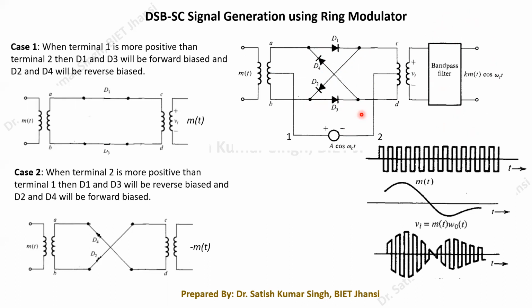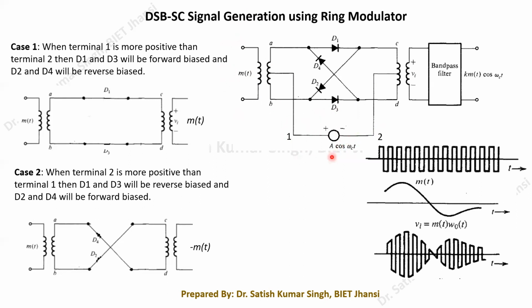Now, as we said, in the case of modulation we need to have the message signal and then a carrier signal, and those two should be multiplied in a certain form to get the modulated output. Here we can see that the message is connected from these two terminals, and a particular carrier is connected from these two terminals.